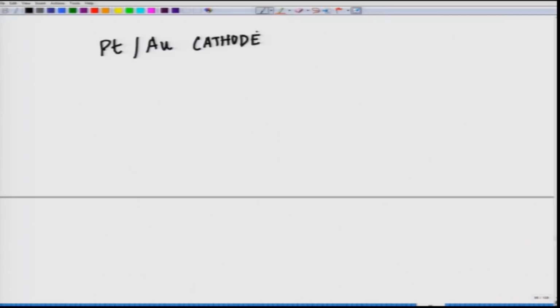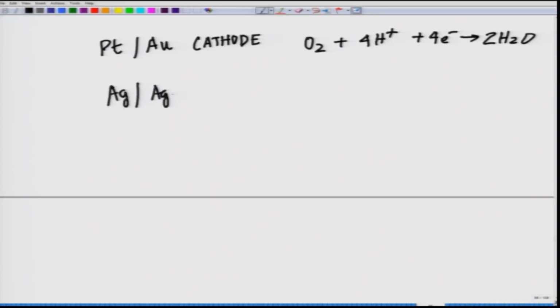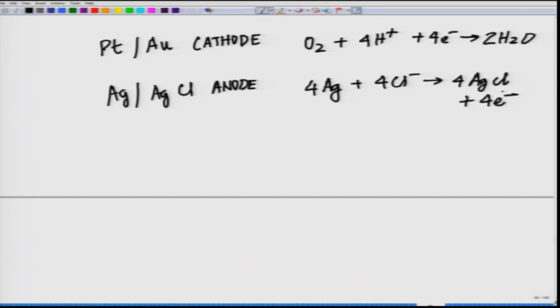The reaction is this: oxygen plus 4 protons plus 4 electrons, leading to the formation of 2H2O. Similarly, at the AgCl anode, we have 4 Ag plus 4 Cl minus giving 4 AgCl plus 4 electrons.